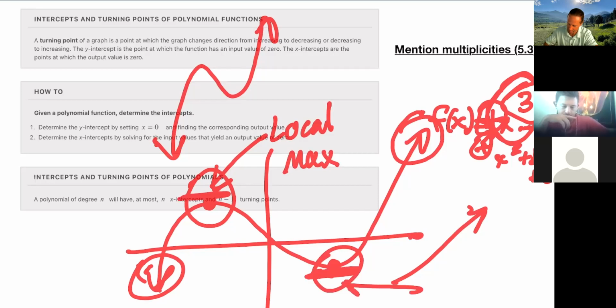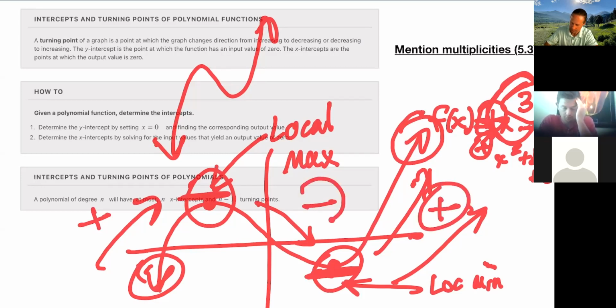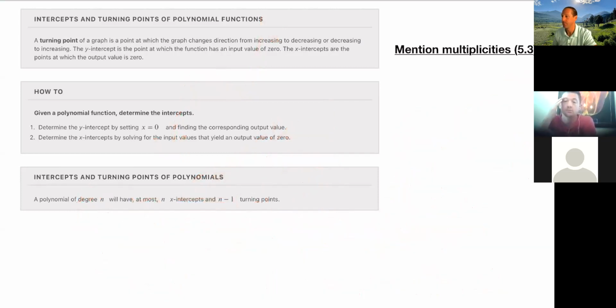Local max and a local min. And why are those so important? What did we say it does at those values? Turns. It turns. And what about it? It changes from what to what? Increasing to decreasing. Excellent. Very good. Increasing, decreasing, back to increasing. Very, very important things. Awesome.